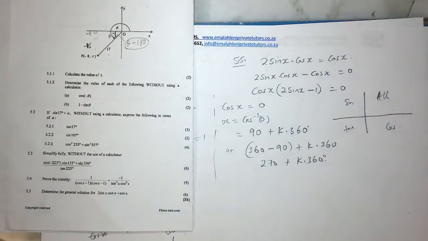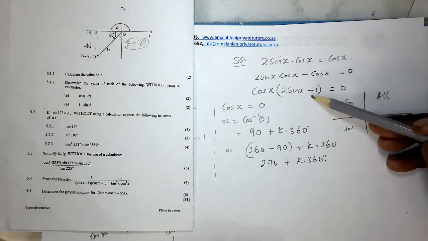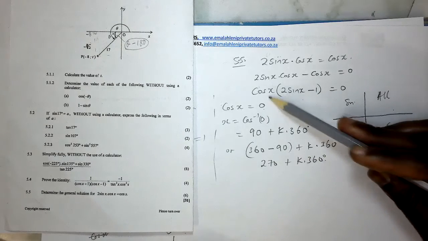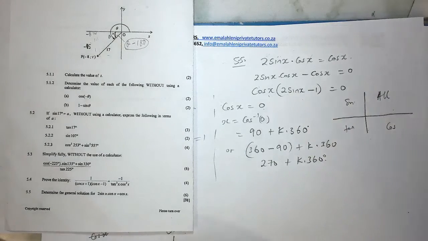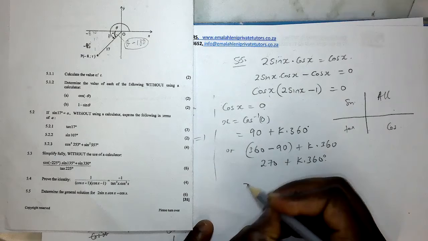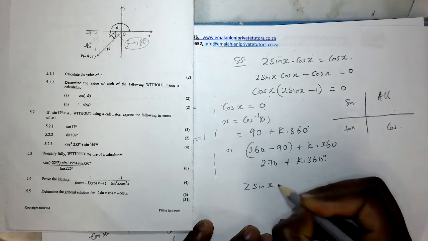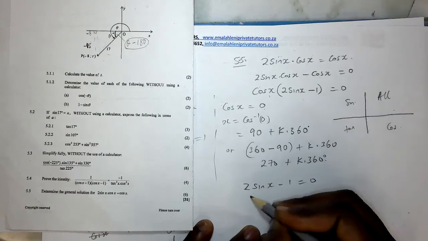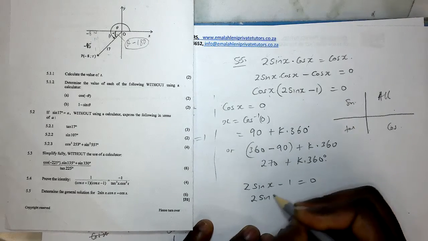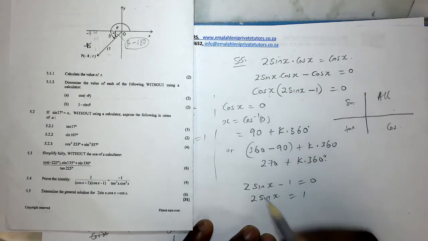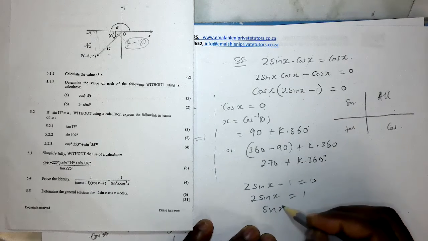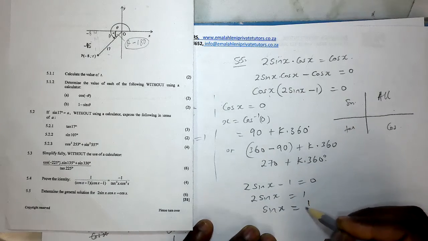Now let's go back again. We are saying it can be cos x equal to 0, or 2 sine x minus 1 equal to 0, which is 2 sine x equals 1, and sine x equals 1 over 2.